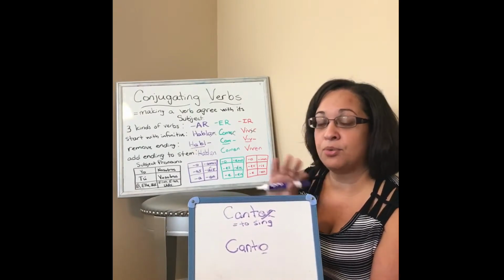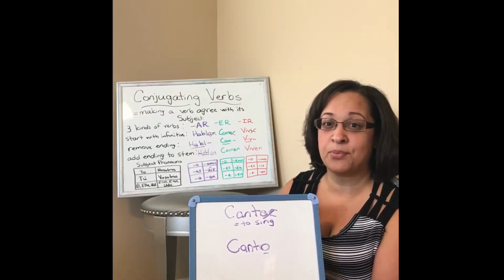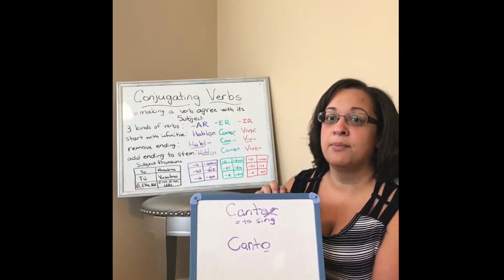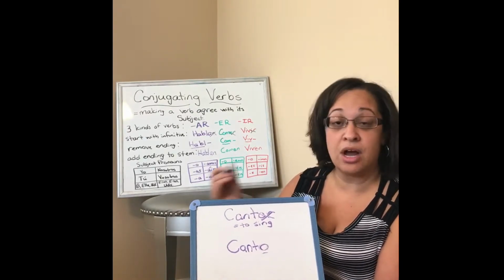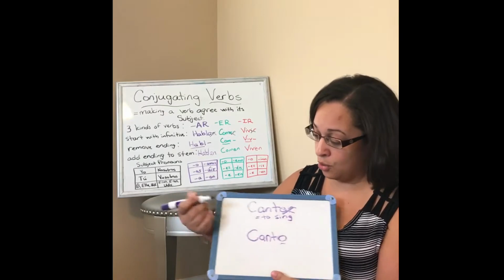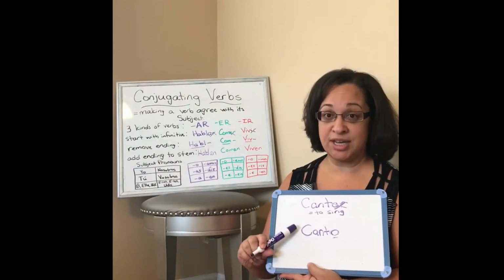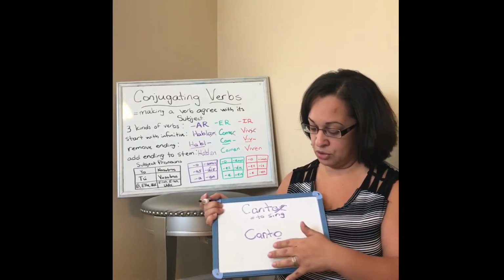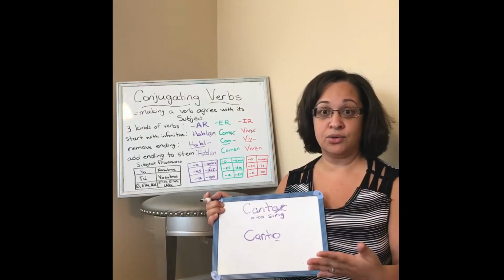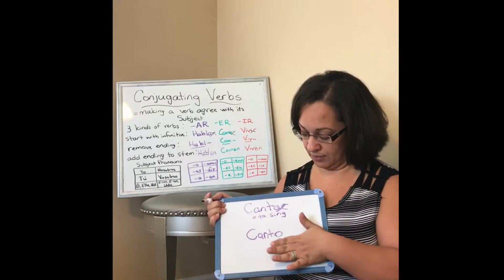Don't worry if you didn't understand that step. We can discuss that in class. But just know it's not wrong if you omit the subject pronoun when using the conjugated verb form. So yo canto or canto both mean I sing.